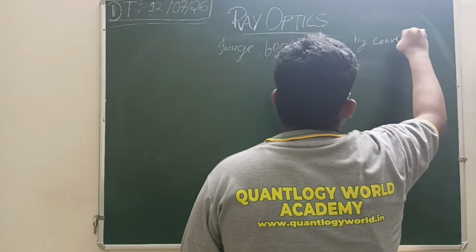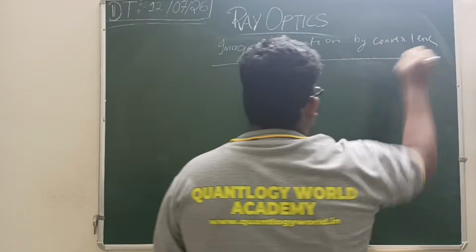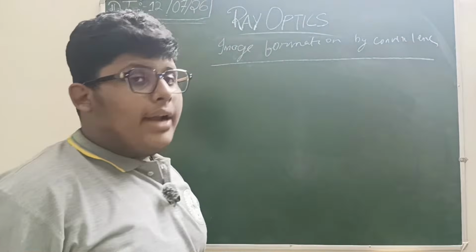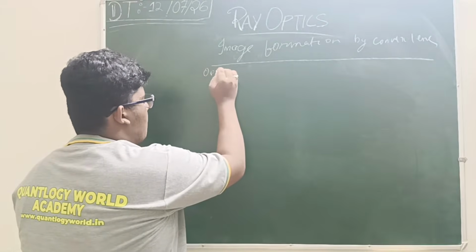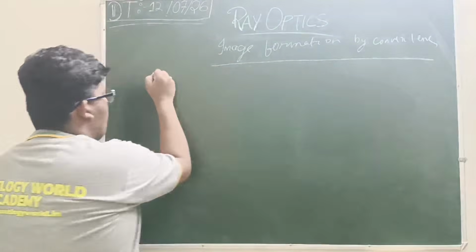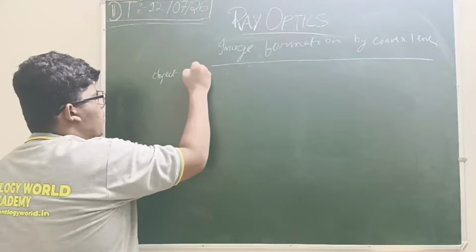Image formation by convex lens. We'll make a table and try to understand it. Object position.